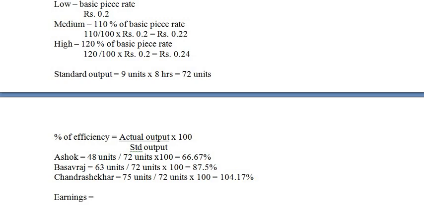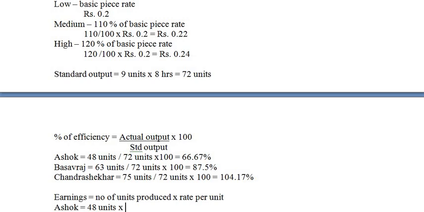Earnings is equal to number of units produced into rate per unit. Again Ashok. He has produced 48 units.